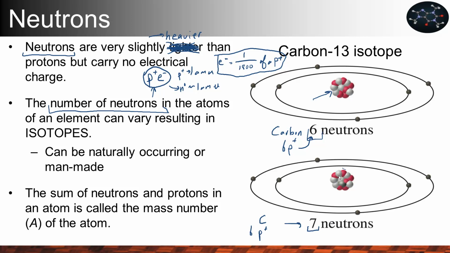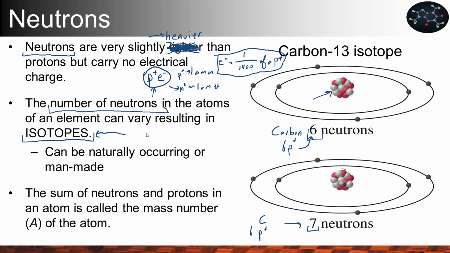Now if we counted all these up, we'd find them, but just trust me, they're there. So the number of neutrons can vary. And when we have a different number of neutrons in the same type of element, so a carbon with 6 versus a carbon with 7, we refer to those as isotopes of that particular element, meaning ones that have different numbers of neutrons.